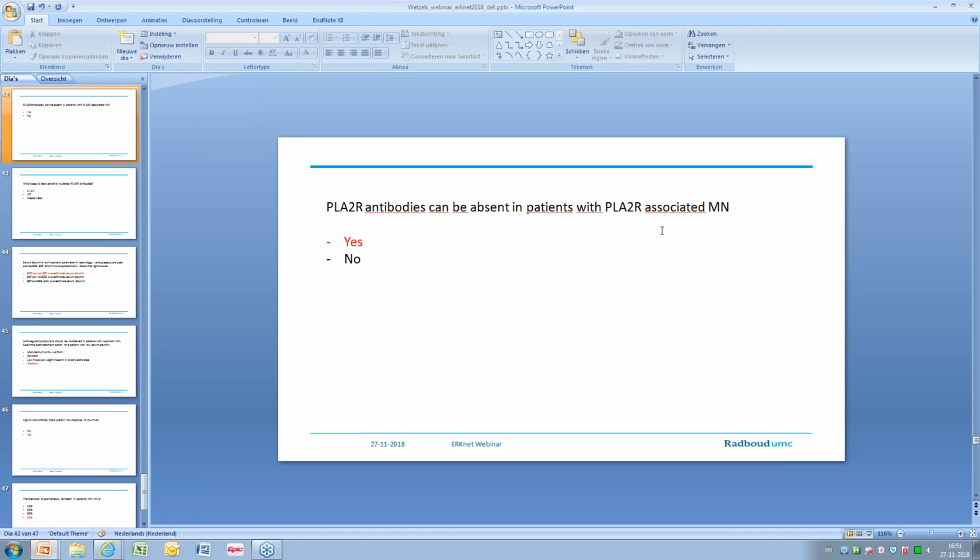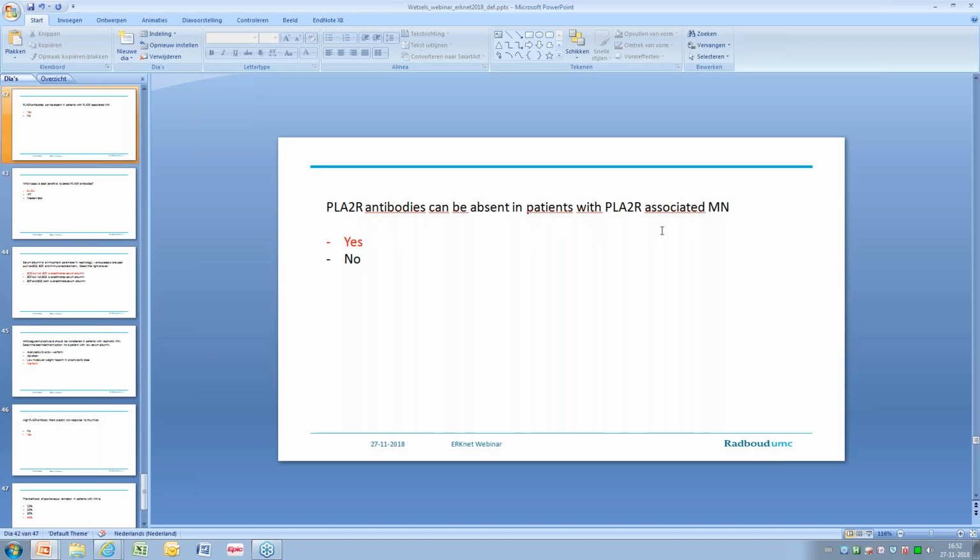In very young children there is an association between membranous nephropathy and antibodies against bovine serum albumin, whereas children above 12 years of age are more likely to follow the pattern in adults. So in very young children, you will be less likely to find PLA2R antibodies. In children above 12 years of age, I would suggest measuring these antibodies also.